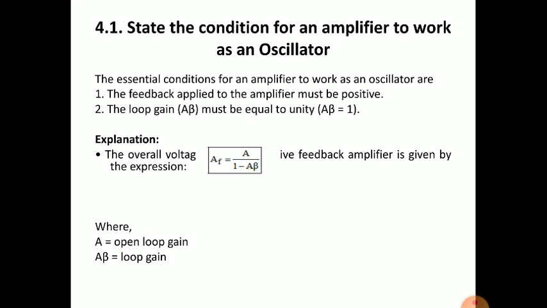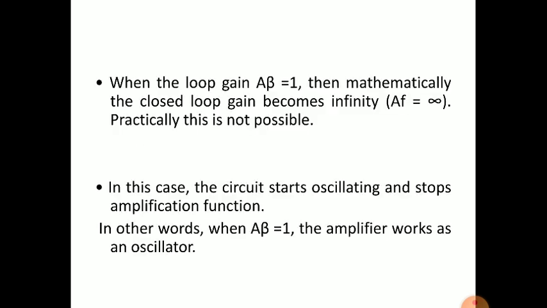AF, the overall feedback gain, is equal to A by 1 minus A beta, where A is the open loop gain and A beta is the loop gain. As it is a positive feedback, we get 1 minus A beta in the denominator. So we know from the essential conditions that the loop gain A beta is equal to 1.